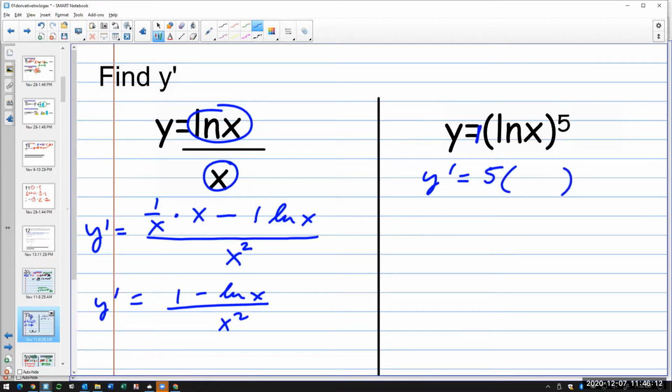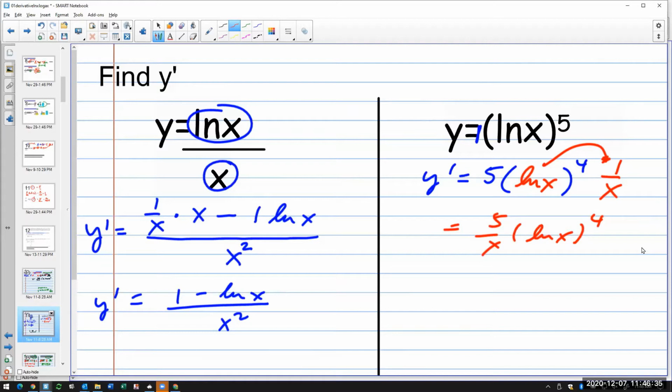Leave the inside alone, take the power down by 1. That means the inside is still ln of x. Multiply by the derivative of ln of x. What's the derivative of ln of x? 1 over x. It's the derivative of x, which is 1, over u, which is x. So this becomes 5 over x times ln of x raised to the 4th power.